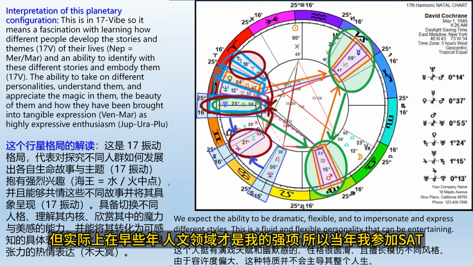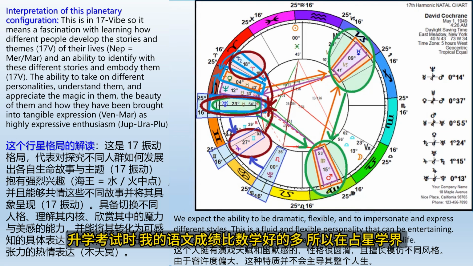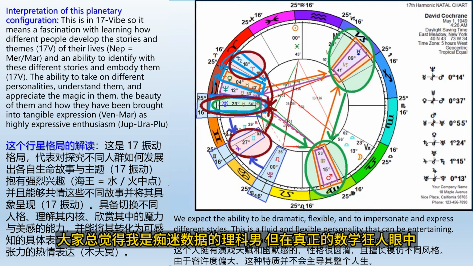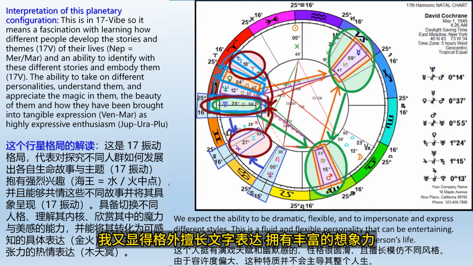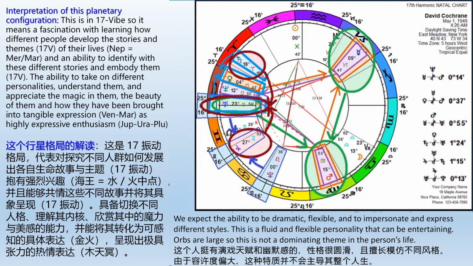But this was actually my stronger orientation in my early life. Also, when I took the SAT test to go to college, I actually scored higher on verbal than math. So in the world of astrology, I'm looked at as kind of a numbers nerd, but among numbers nerds, I'm looked at as having this facility with words and imagination.